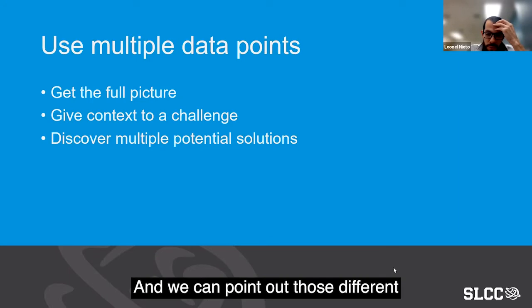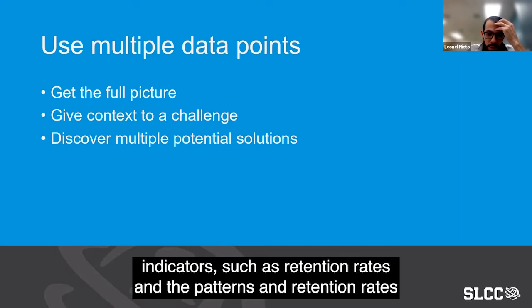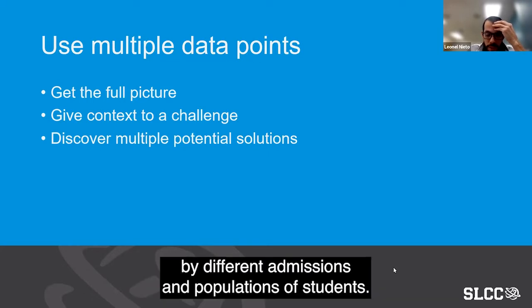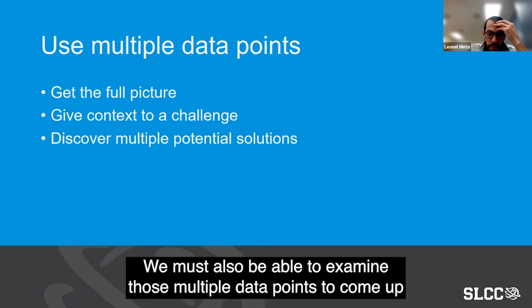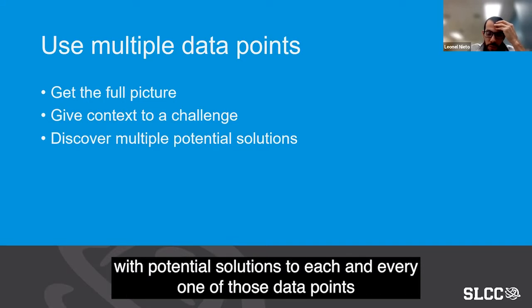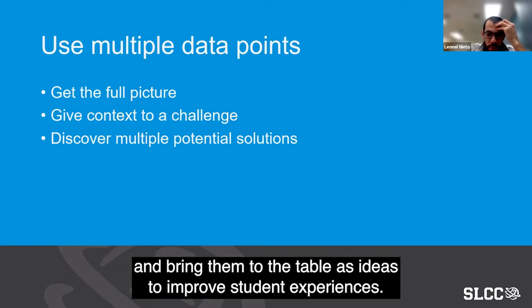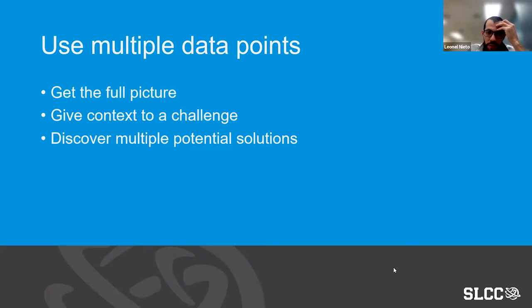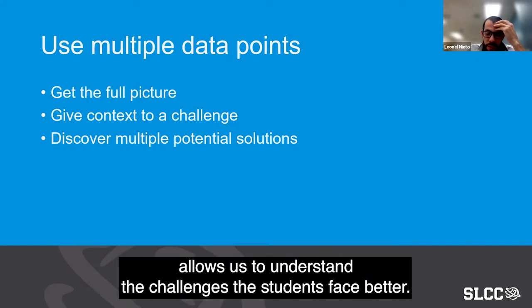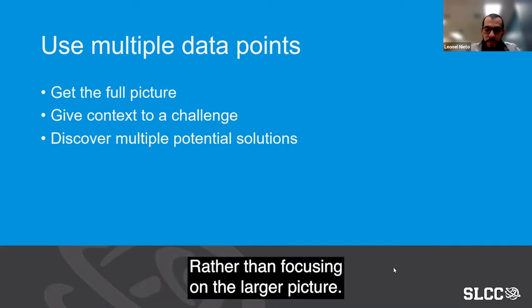We can point at indicators such as retention rates, and the patterns in retention rates across different ethnicities and populations of students. We must also examine those multiple data points to come up with potential solutions for each and every one of them, and bring them to the table as ideas to improve student experiences. Looking at things from different angles allows us to understand the challenges students face better, rather than focusing only on the larger picture.